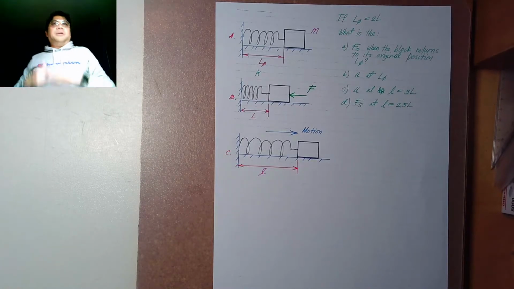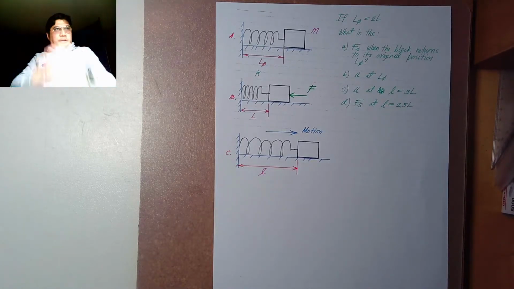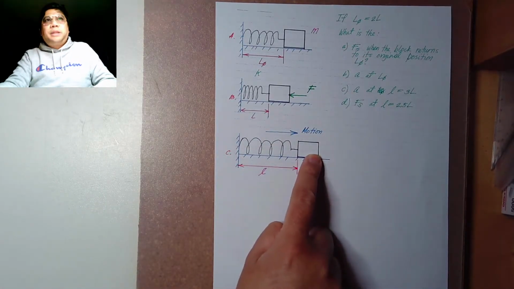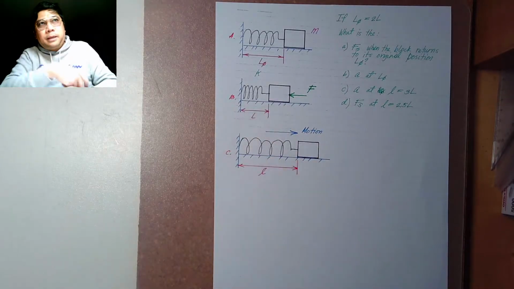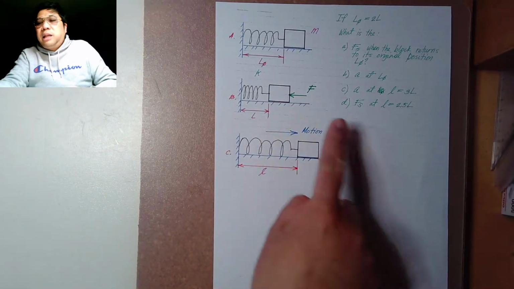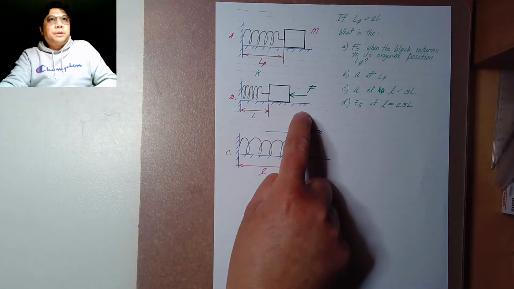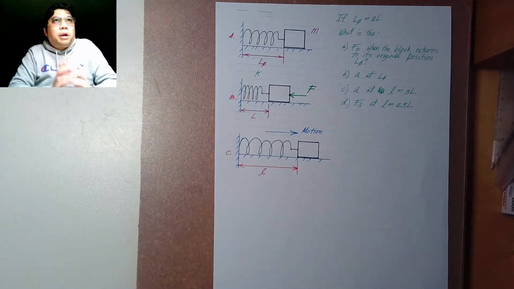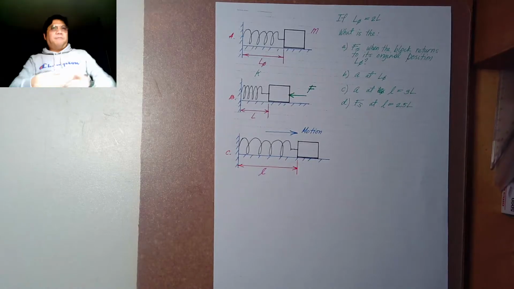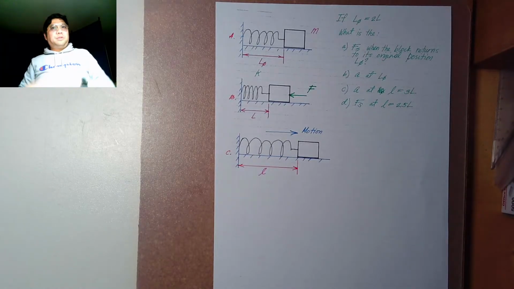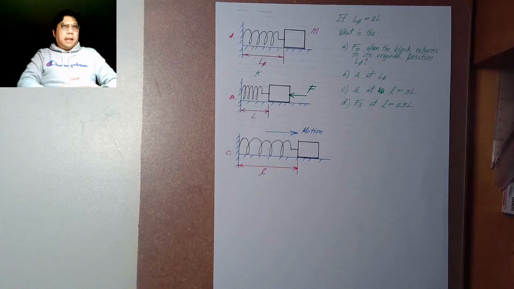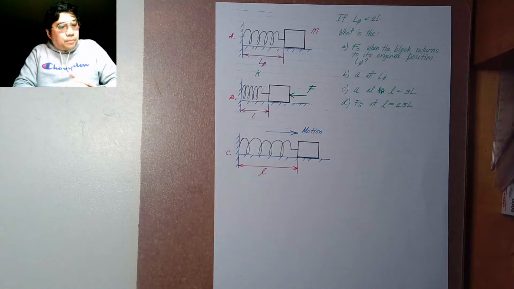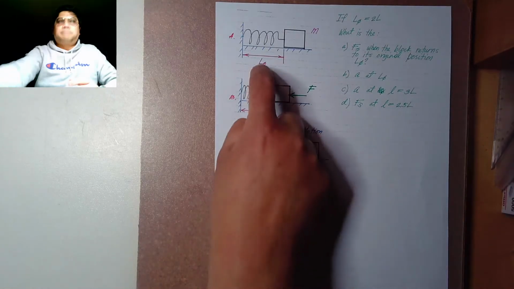So why don't we figure out, number one, the force of the spring? What is the force of the spring when you let go of the block, and it reaches a final length that is the same as the initial length, L sub naught?